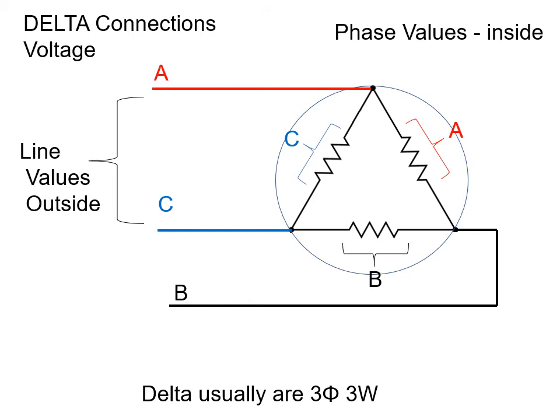For the most part, most delta loads are a 3-phase, 3-wire.